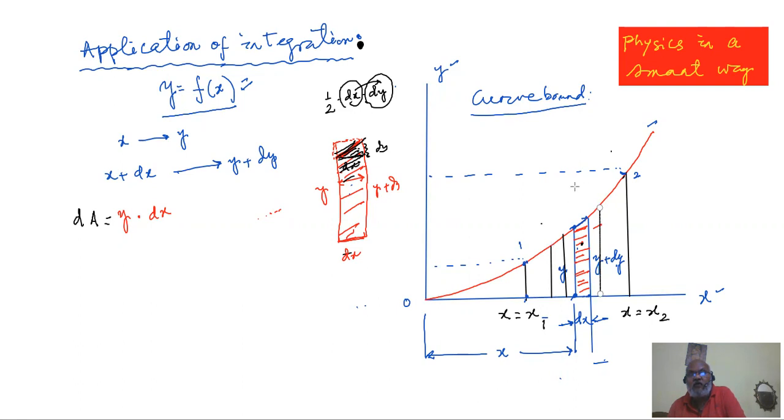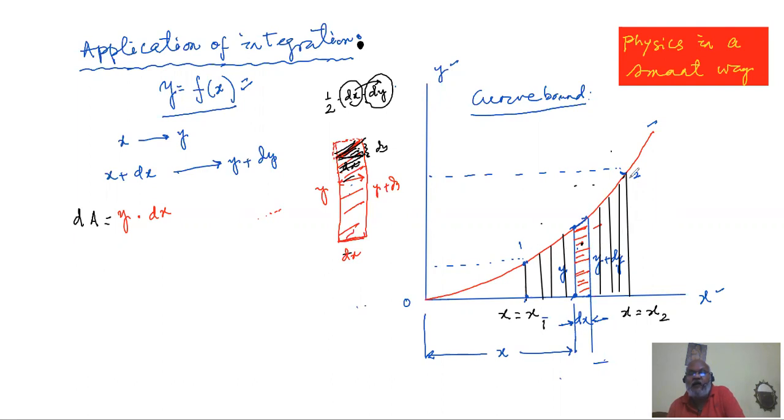Then we try to slice up the entire area into such very narrow bands having thicknesses dx, dx, dx like that, or maybe dx1, dx2, and try to find those areas. They will be branded as dA1, dA2. Anything small, as you know, must come with a prefix D. So when I write dA, you should not be confused. Usually the symbol for area is A, but if I write D before that as a prefix, we know that it's a very small quantity.